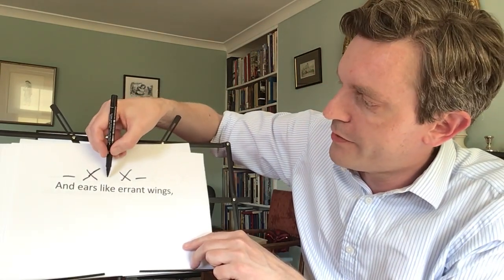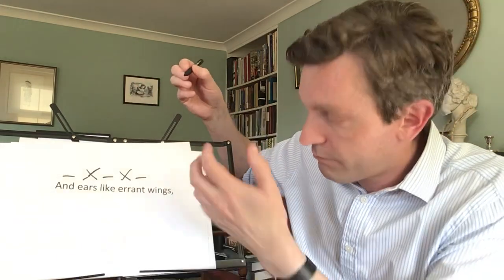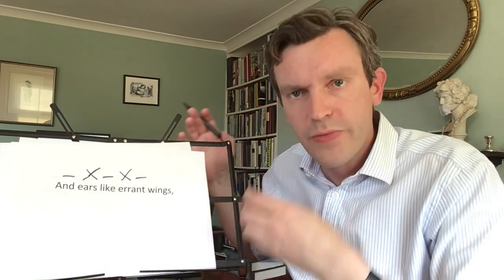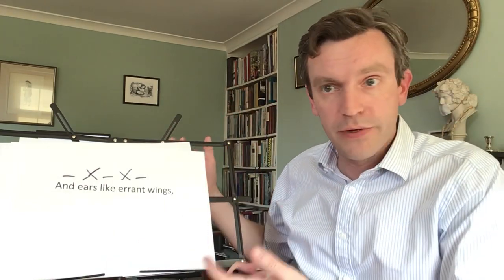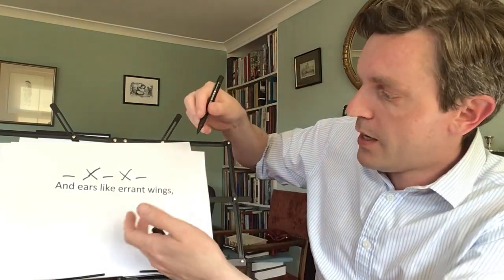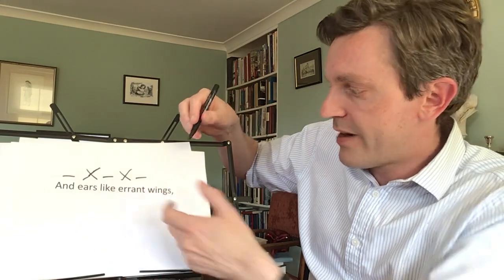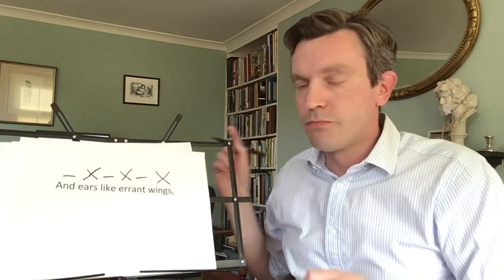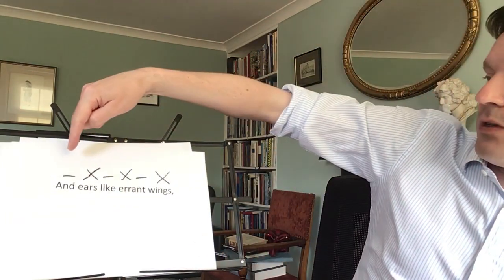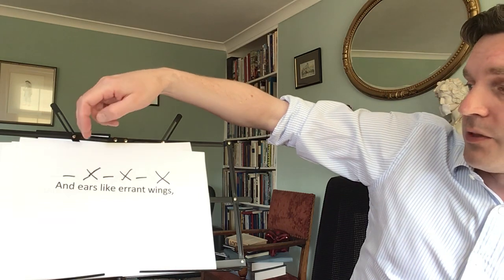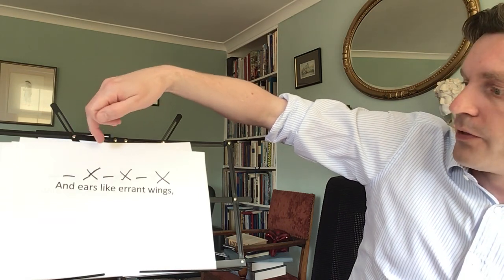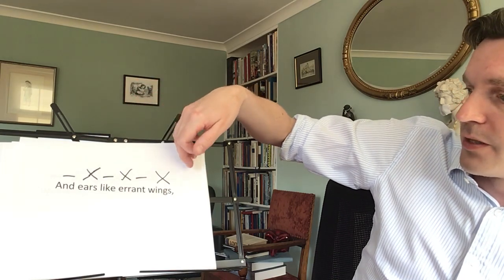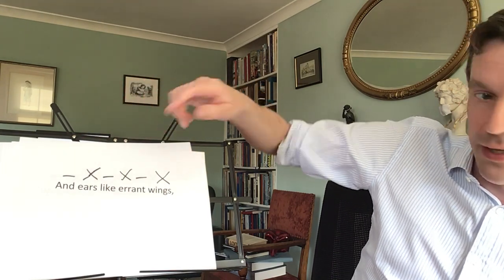So that is going to be unstressed because it's a less important word and between 2 stressed syllables, and naturally therefore one syllable tends to crowd out the other if there's a definite stressed syllable, like the ears or the in errant. And wings, finally. Noun getting a nice big stress. So again, you can see it's the second line and it's 6 syllables, alternating soft, stressed, soft, stressed, soft, stressed. Da-dum, da-dum, da-dum. And ears like errant wings.